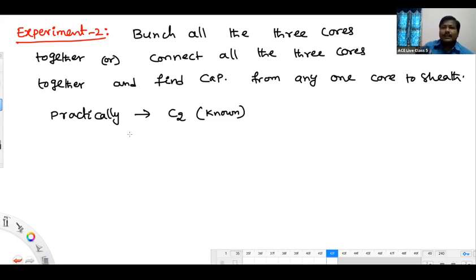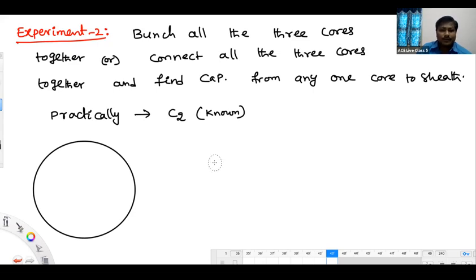Now let us do the theoretical study on paper. Just observe here. I have shown the cable diagram like this. Conductors 1, 2, 3 are the cores: core number 1, core number 2, and core number 3.